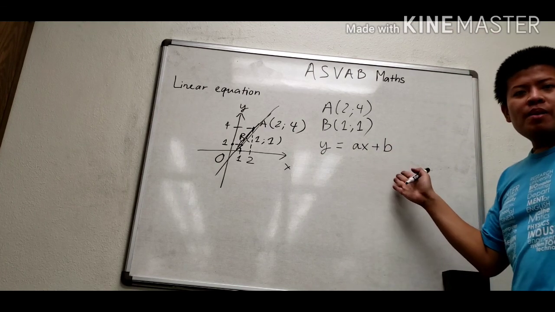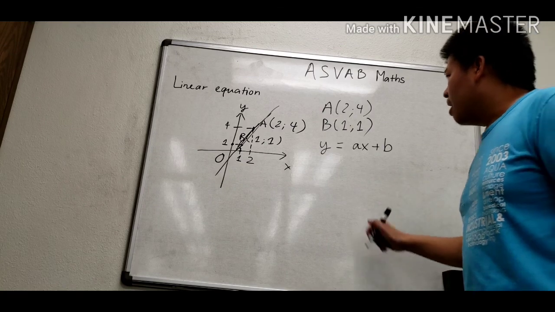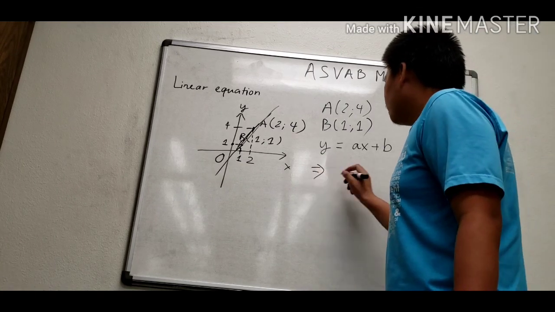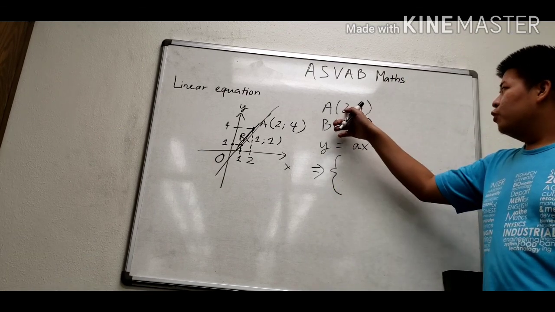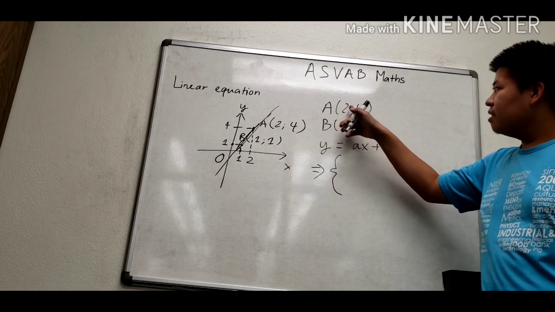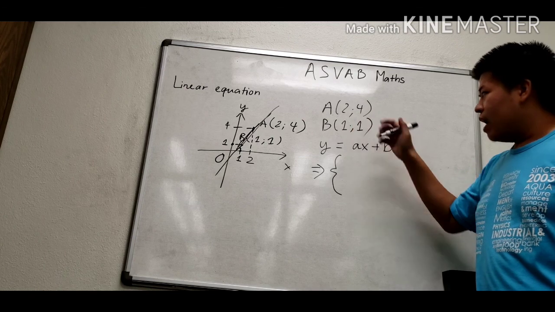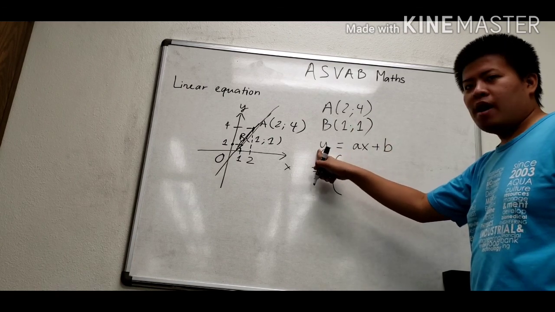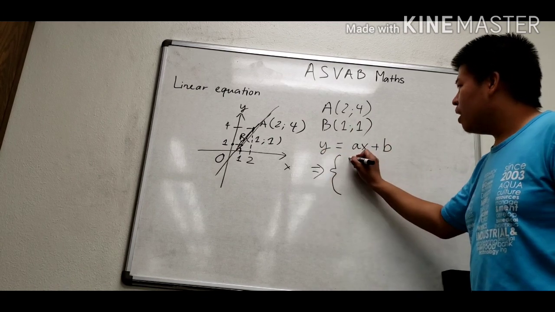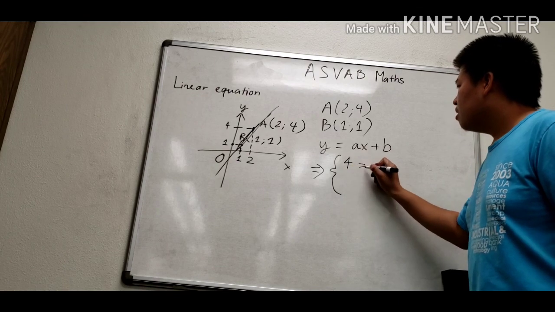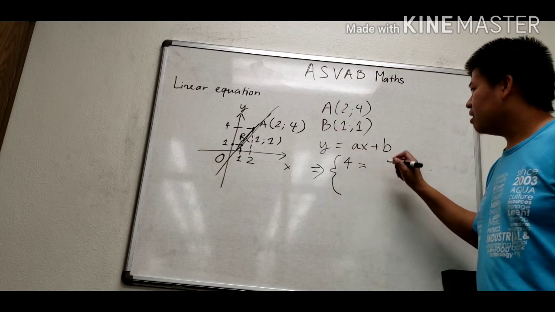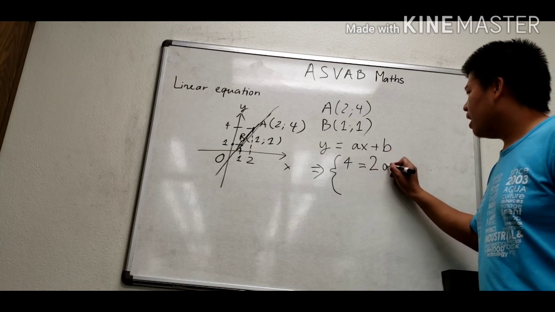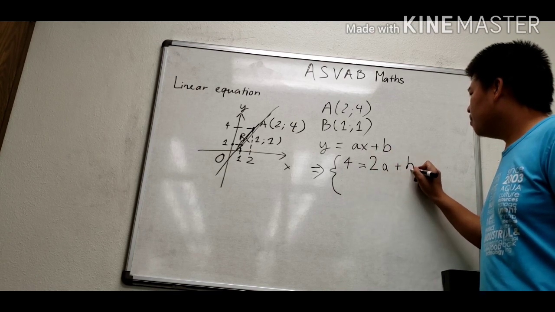This is about the basic equation, and we will put in here. We have 2 is about x, 4 is about y. So in here we have number y in here. We have 4. We have number 2 in here. That's about x. So we have 2a plus b.